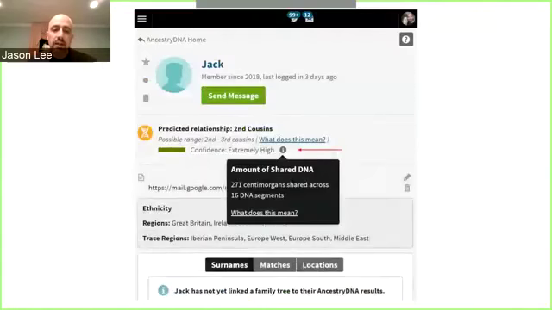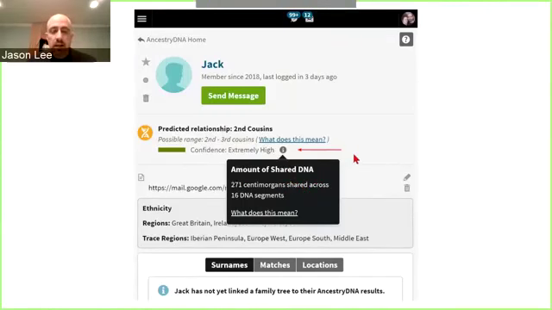So if I click on Jack, I'm taken to our match page, and you'll see there this little gray disc with the lowercase i. If you click on that, you'll find the amount of DNA that you share with your match and get more specific information. So 271 centimorgans in this case.